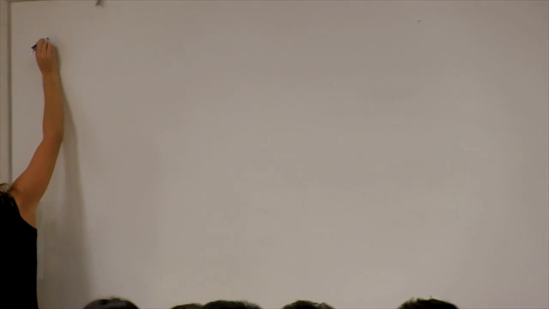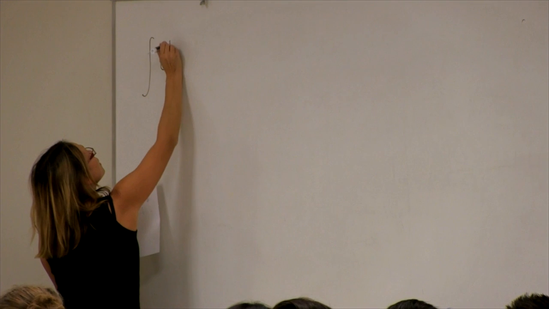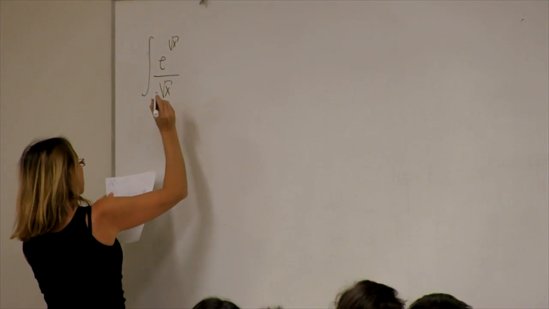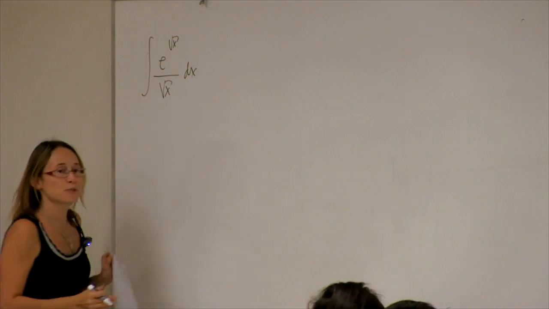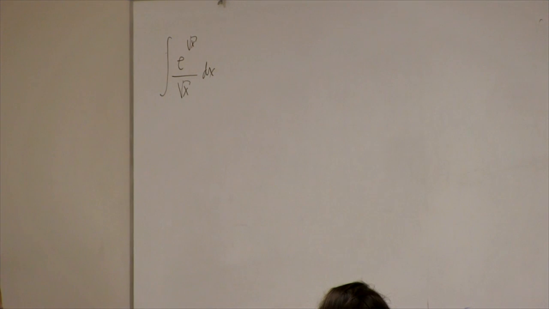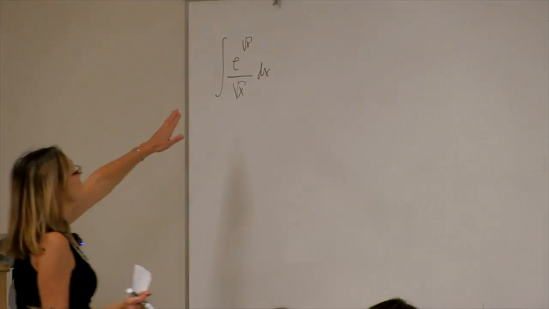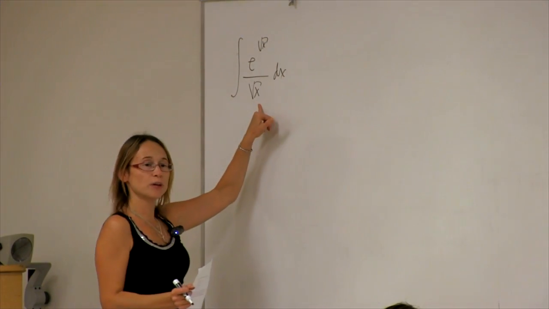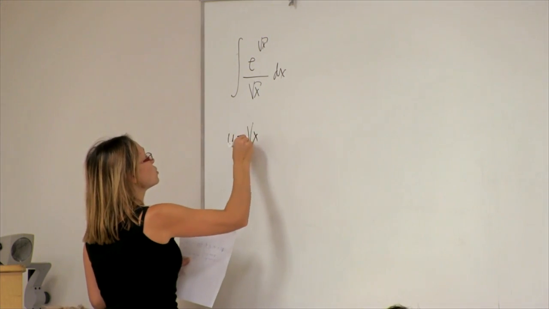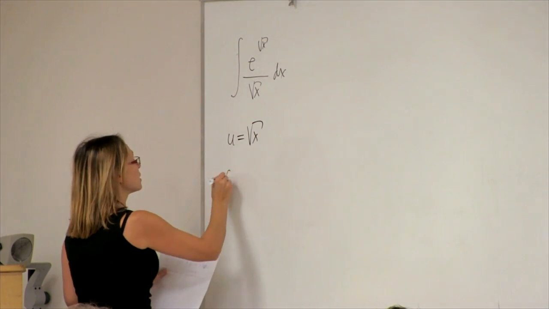Let's consider the following integral, e to the square root of x over square root of x dx. What happens here? This one is actually quite easy. You can see that we have e to the something, and over here we have a derivative of that. So the obvious substitution is u equals square root of x.